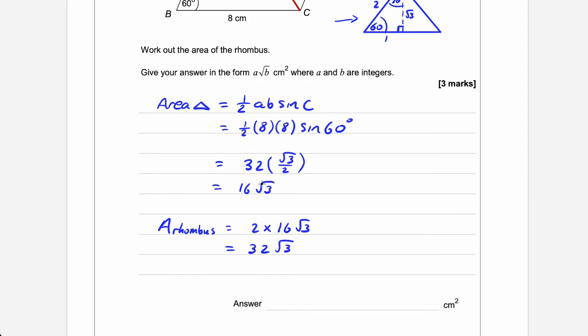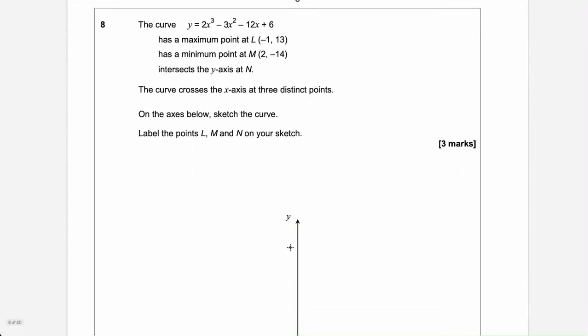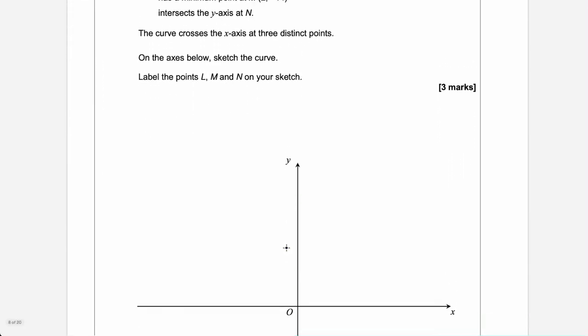Okay, so actually, guys, there is a formula for area of a rhombus if you want. It's just instead of a half AB sin C, it's just AB sin C, for this reason, because you halve it and then you double it. Okay, so that's the answer. That is question 7.